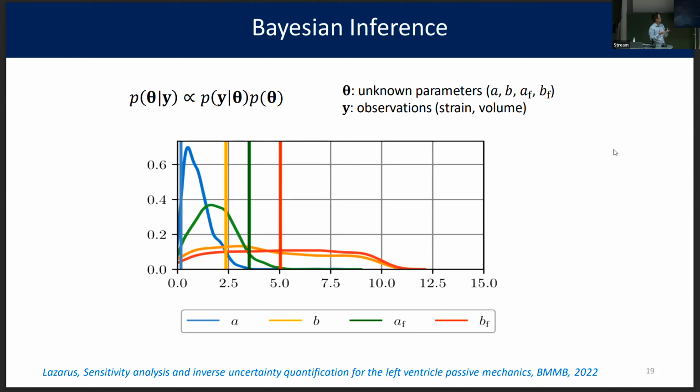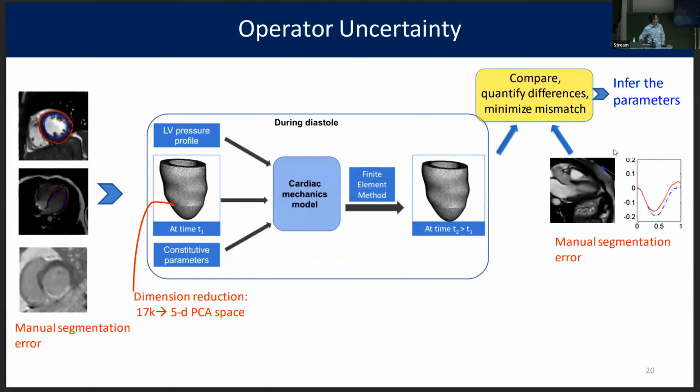So from the inverse uncertainty quantification, it looks like we can identify A and AF quite confidently, but we are very uncertain about B and BF. What we can do with this is consider whether we can introduce new measurements which are very sensitive to B and BF, or find other ways to estimate B and BF. So that is the inverse uncertainty quantification of this model.